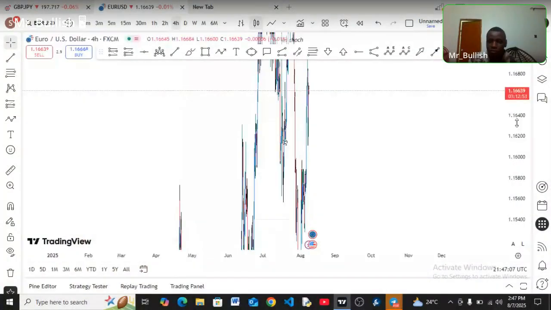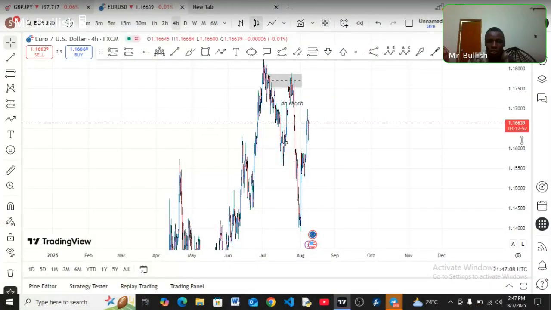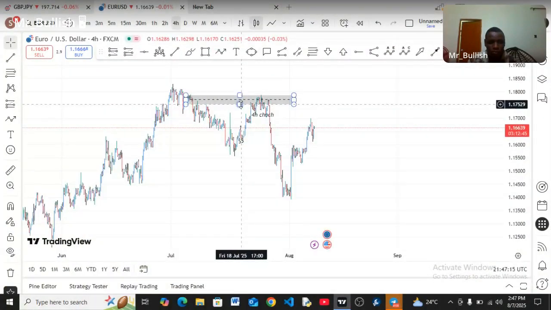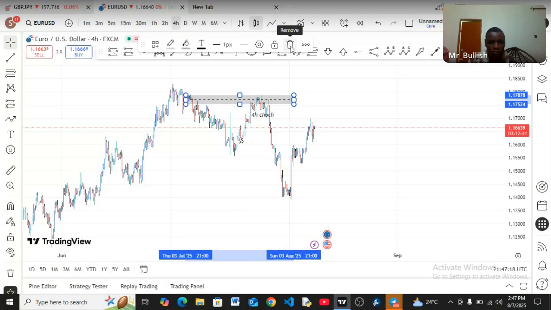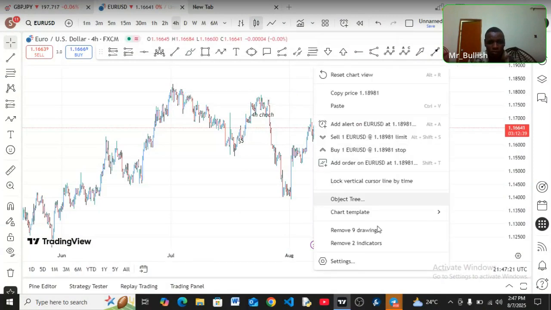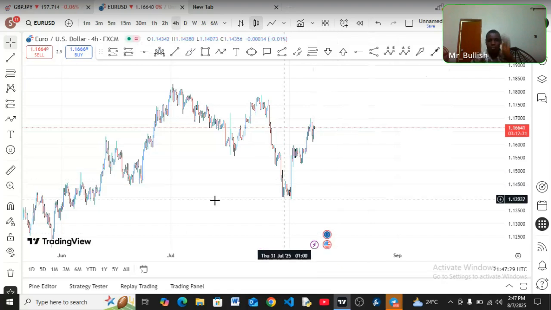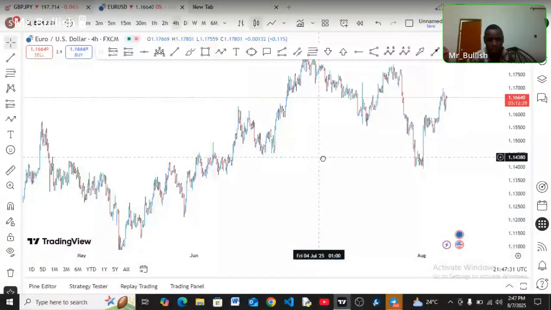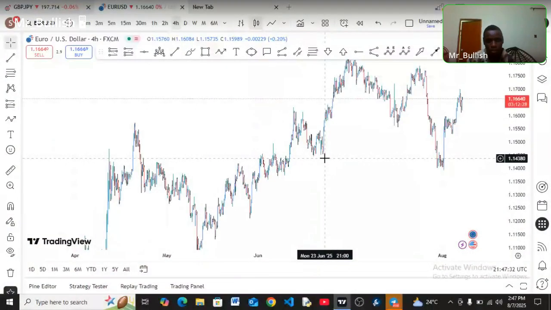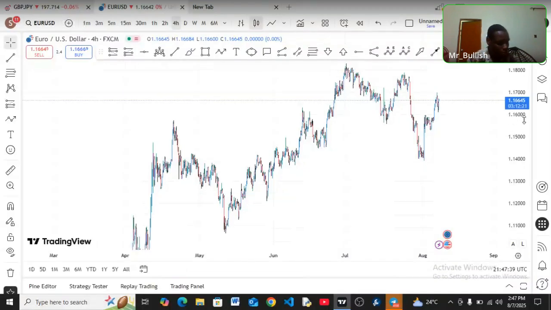I want you guys to see it properly. This is the 4 hours time frame. It's a higher time frame compared to the 15 minutes. So remember what Iliomet told us: external market structure is on the higher time frame, internal market structure happens in the lower time frame.